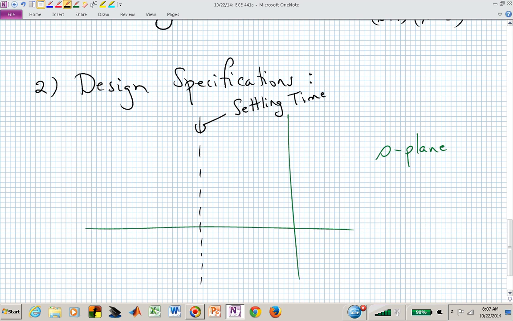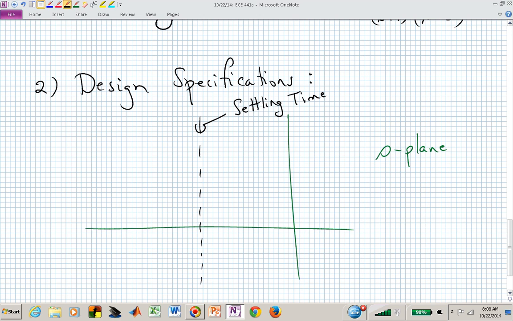What if I give you a percent overshoot specification? Now what mental image do you impose on that S-plane plot? Now I say a percent overshoot, and I want less than, let's say, 20% overshoot. What do you see now? Now you see an angle, don't you? Or you see a wedge. You see a pie wedge or a pizza wedge.